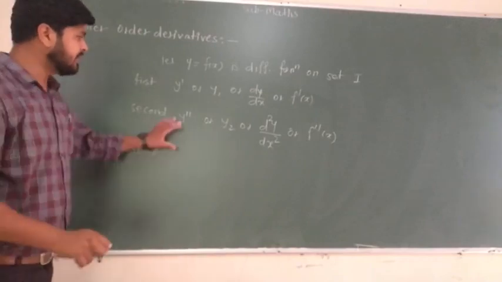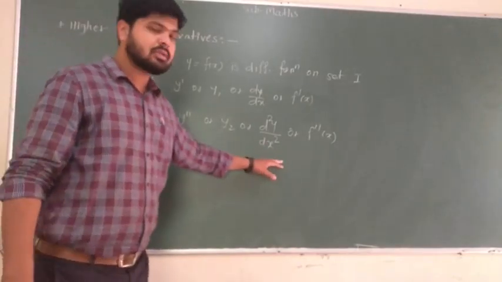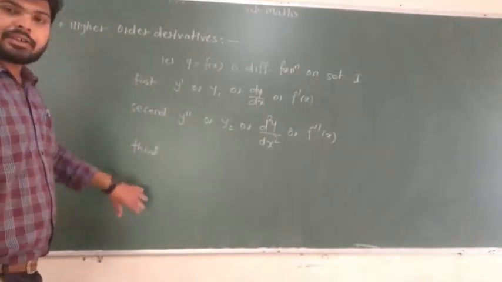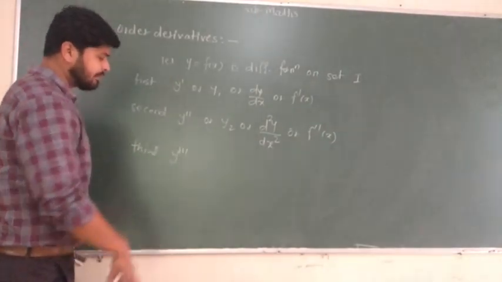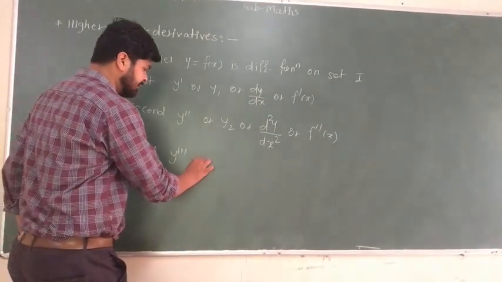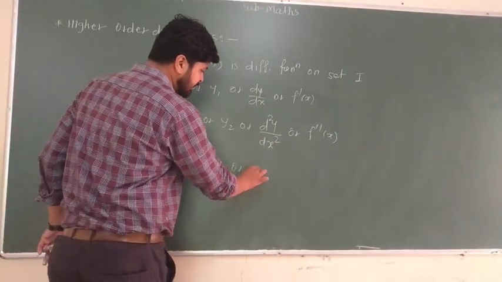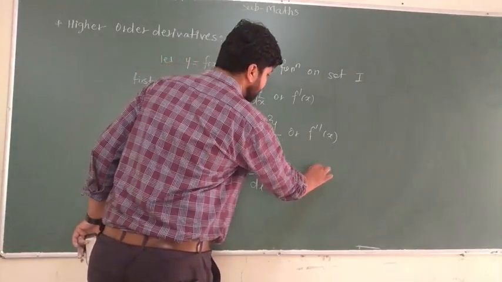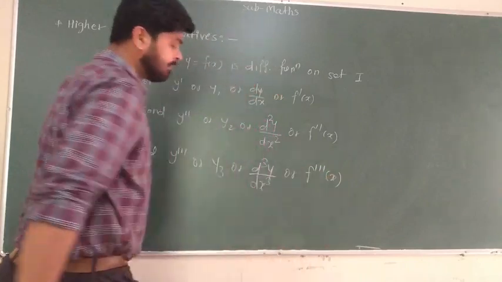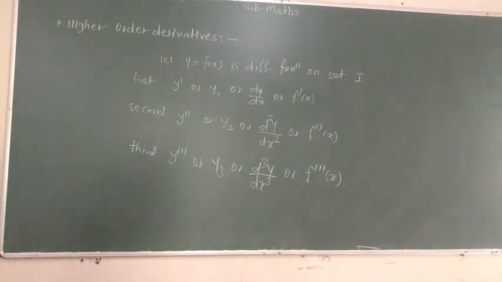Then, if all these derivatives are differentiable again, we can find the third derivative, denoted by y triple dash or y3 or d3y by dx cube or f triple dash of x.